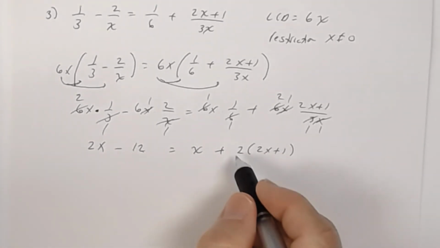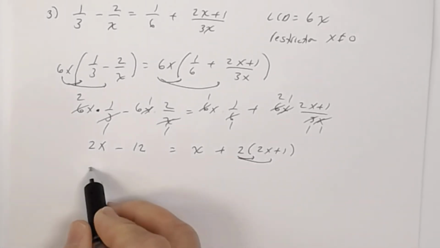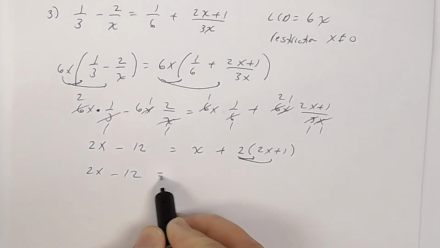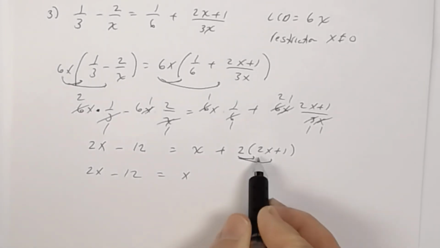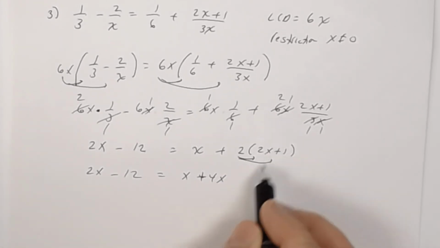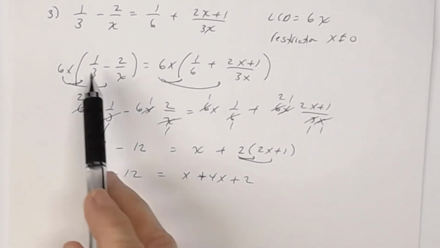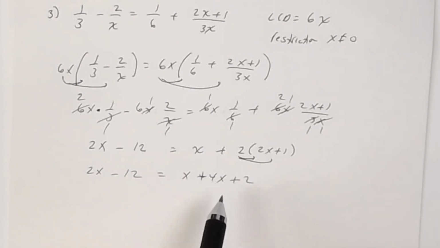Okay, now let's go ahead and distribute. So I get 2x minus 12 equal x, and then if I distribute, 2 times 2x is 4x, so plus 4x, and then 2 times 1 is 2. All right, so notice I used the distributive property 3 times. Okay, now let's combine like terms. Notice I now have a linear equation.